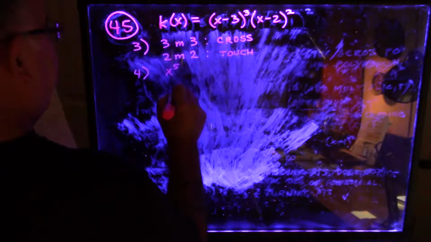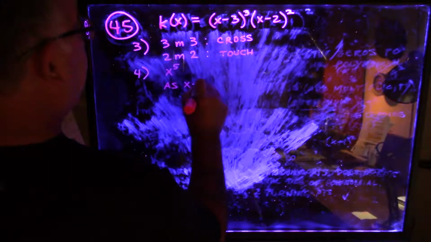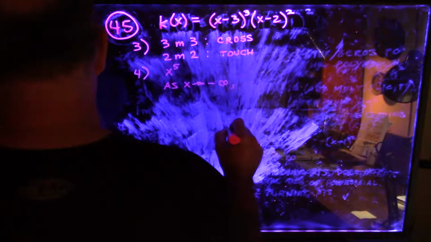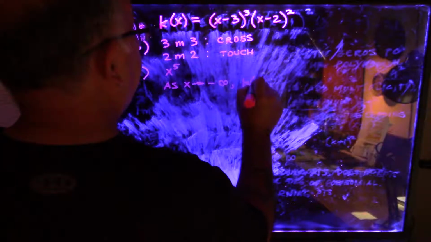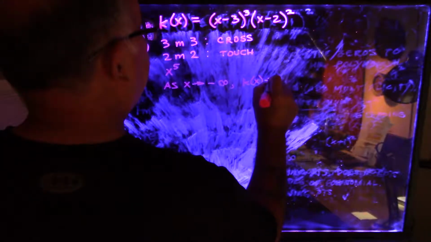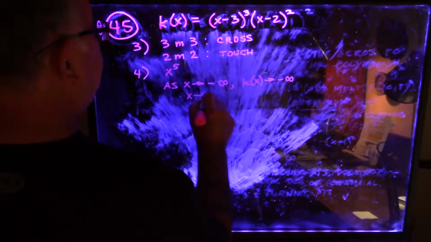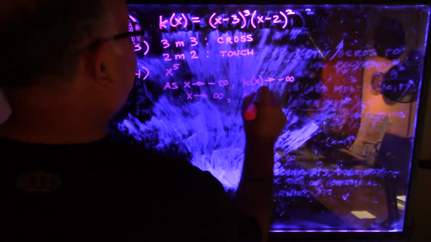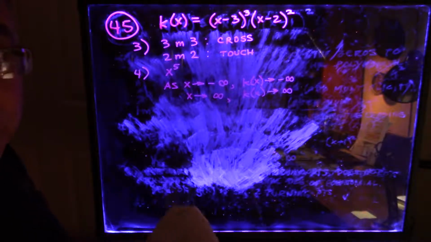So as x goes to negative infinity, k of x goes to negative infinity. And as x goes to positive infinity, k of x goes to positive infinity. Alright?